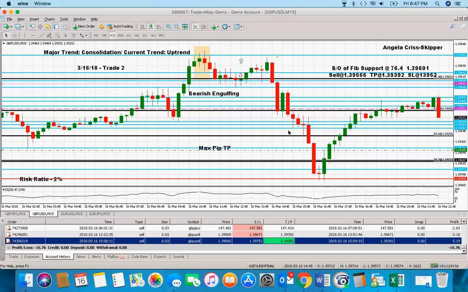So after I do all of this, I usually highlight my area where the activity starts, or the reversal started. So it started to come up. It came here, closed, it opened.